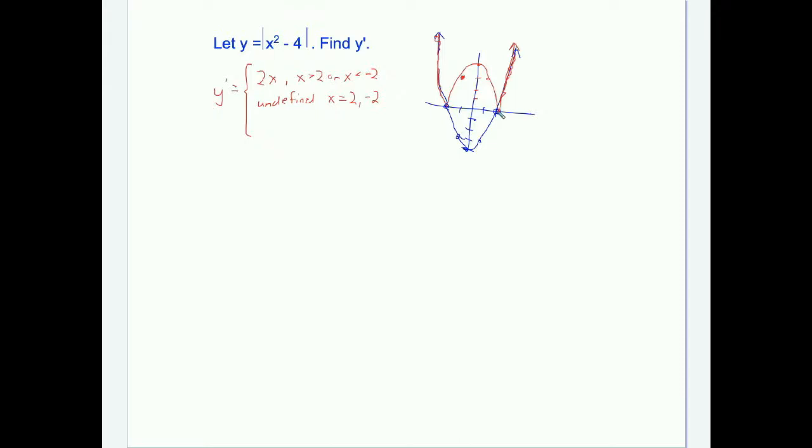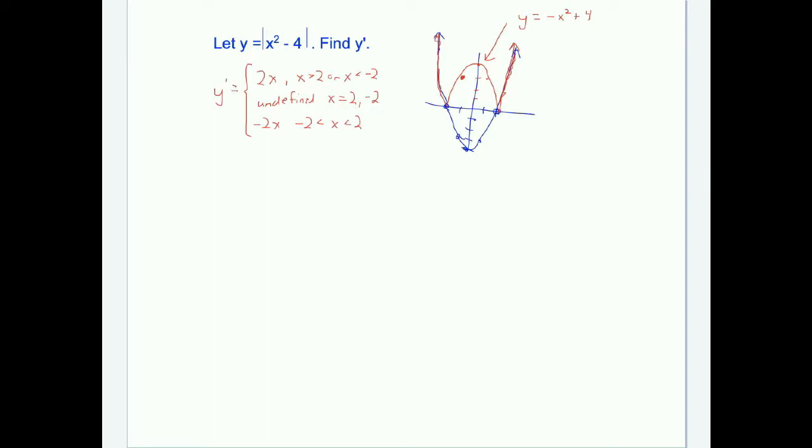Well, this part in here looks like y equals -x squared plus 4. It's facing down, moved up 4. So the derivative of this part would be -2x. And when is that? Well, that's from -2 is less than x is less than 2. Notice I didn't put the or equal to parts here because it's undefined at those values when x is 2 or -2.